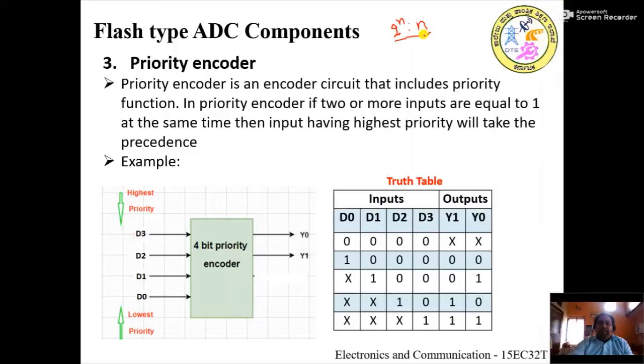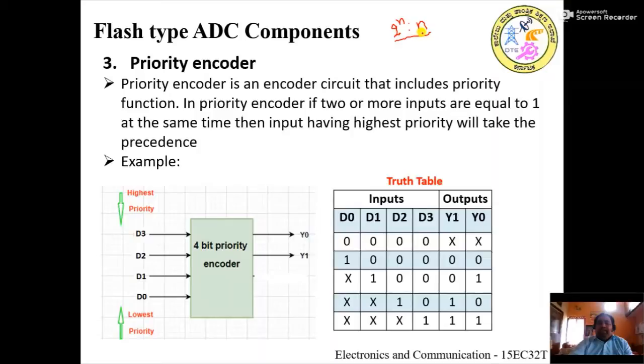So in a standard encoder, we expect any one of the 2 to the power of n inputs to be high at any time. Whichever input is at logic high level, depending on that input, it is going to produce an encoded output on the n output lines.